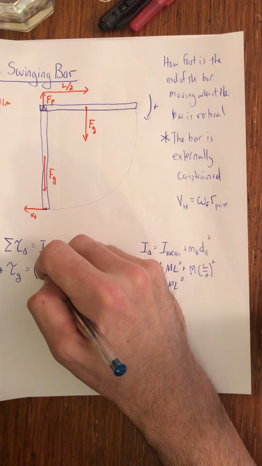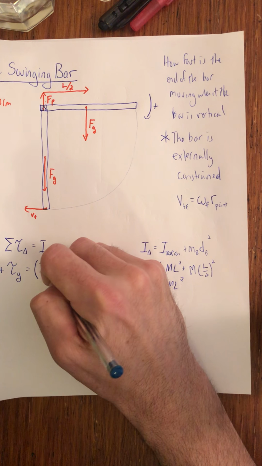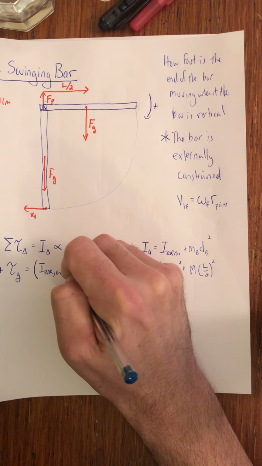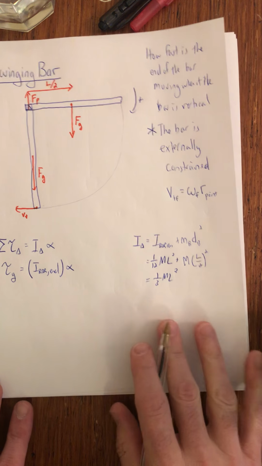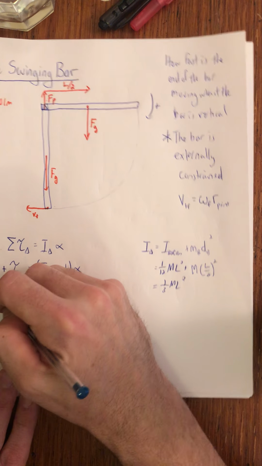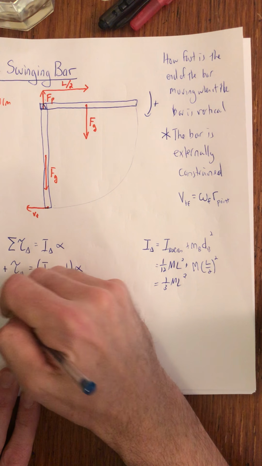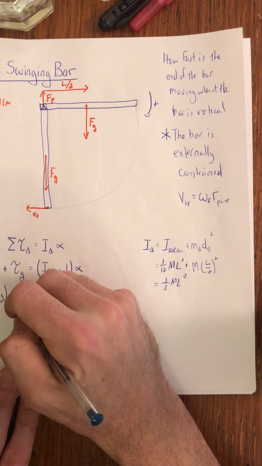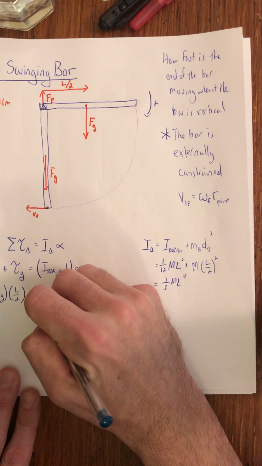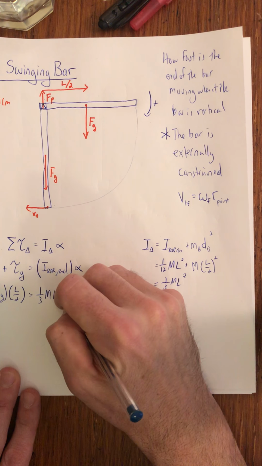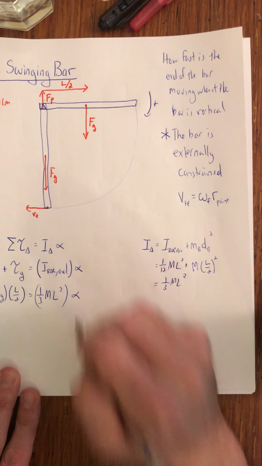So this ends up being I of a bar about its end, and then alpha. So let's put that in. This ends up being just the force of gravity, so mg, its lever arm distance, which is L over 2, is equal to 1/3 ml squared alpha.